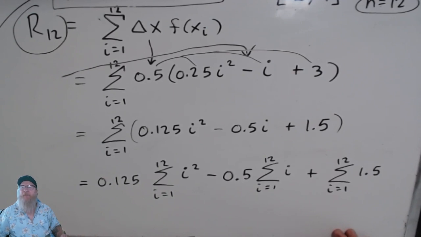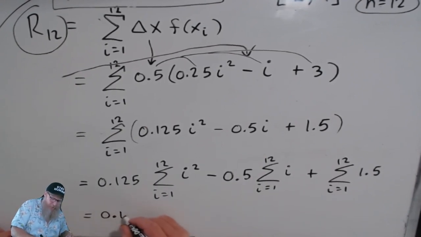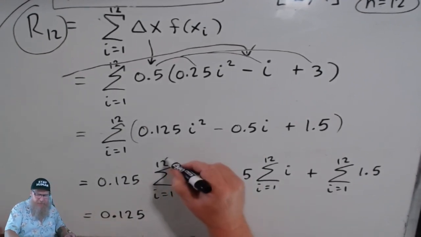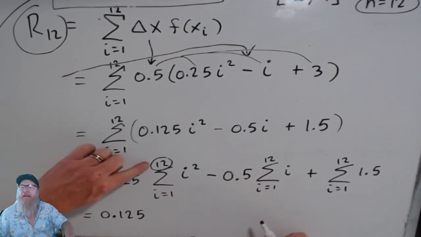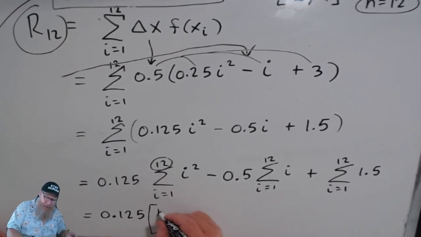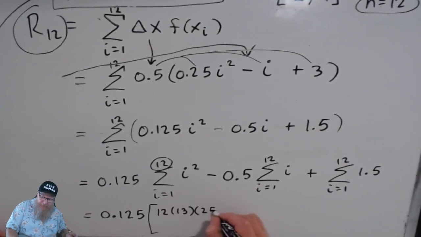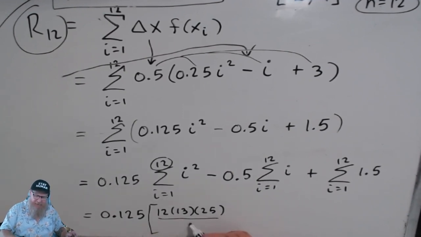And now we're going to use the recipes that we just learned. So you just use the top number here. That's your n. And then you do the formula for that particular n. So that's going to be 12 times 13 times 25. That's n plus 1, 2n plus 1. 2 times 12 is 24 plus 1 is 25. Divided by 6.